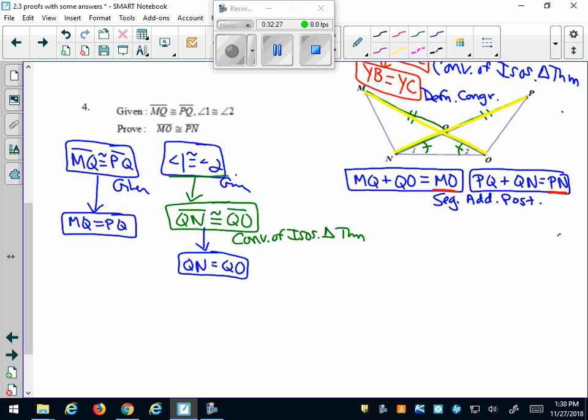So we've had situations like this before. Sometimes they're a little bit tricky, but whenever you have the situation where you're trying to get these two things equal to each other, rewrite one of them. So I'm going to rewrite this one with substitutions involved. I'm going to kick out the MQ and replace it with a PQ.